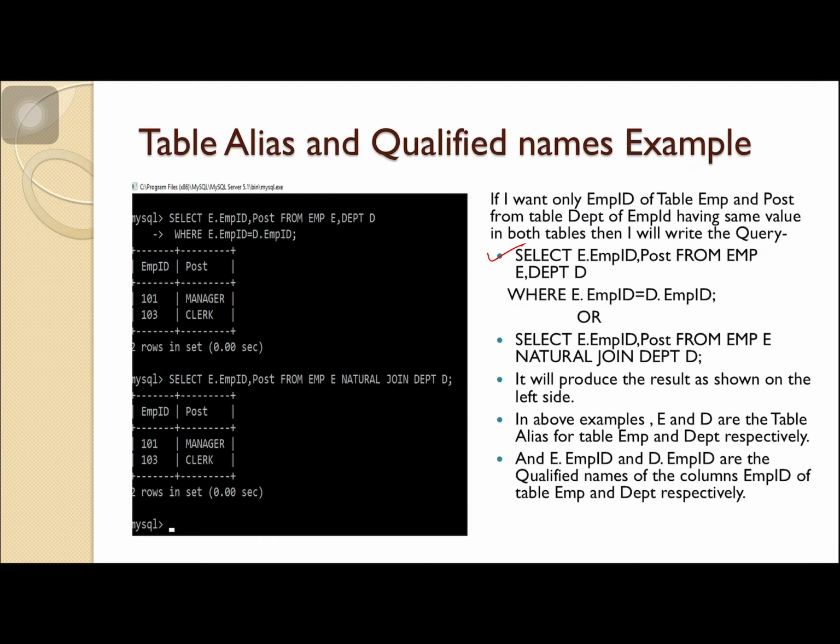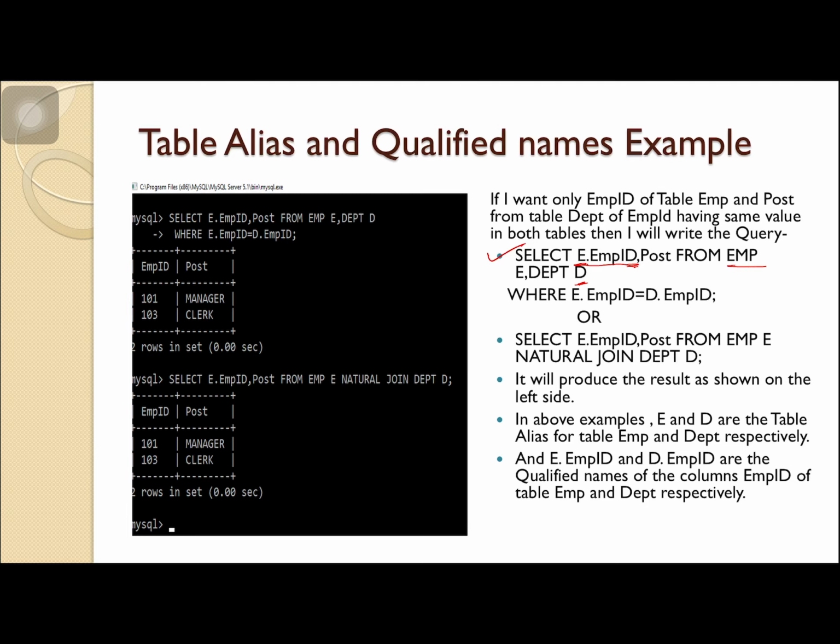Okay. Now example of table alias and qualified name. Suppose we have written this query. Select e.employee ID. Here are two tables. First one was the employee table and the second one the department table. I have already shown it in the previous slides. Okay. I have written select e.employee ID comma post from employee E comma department D, where e.employee ID equals to d.employee ID.